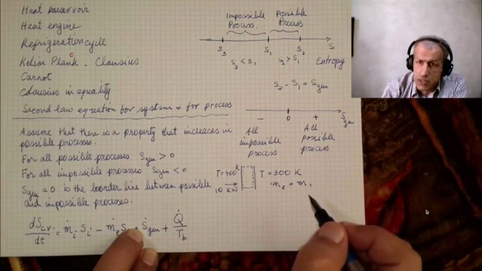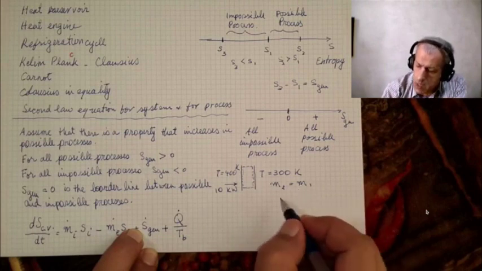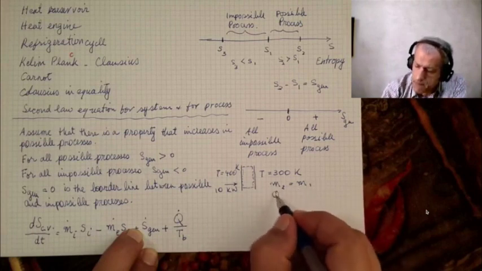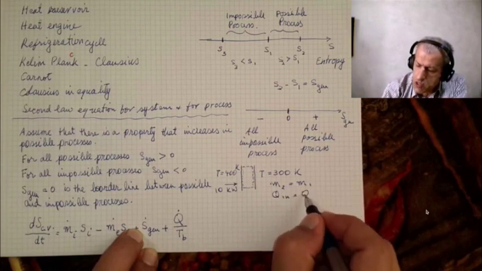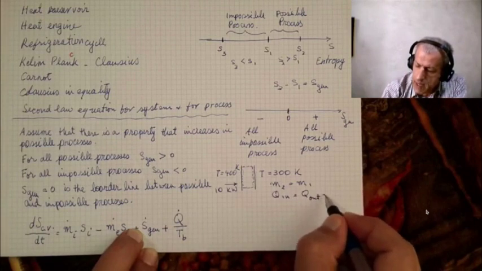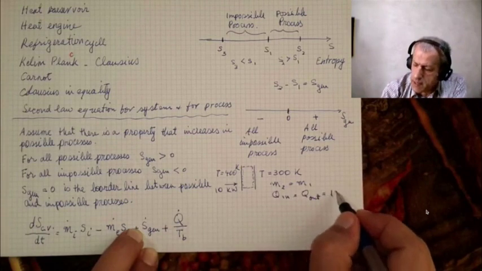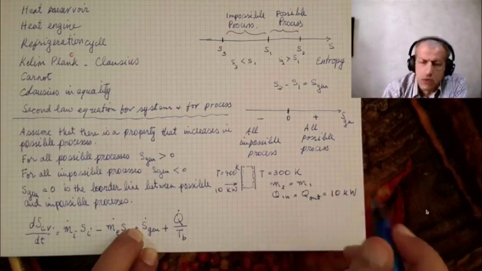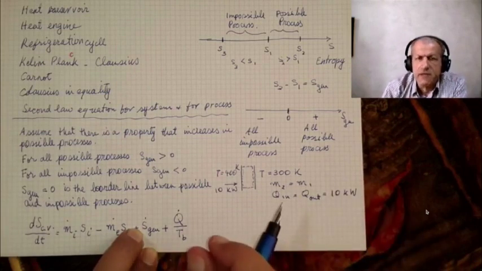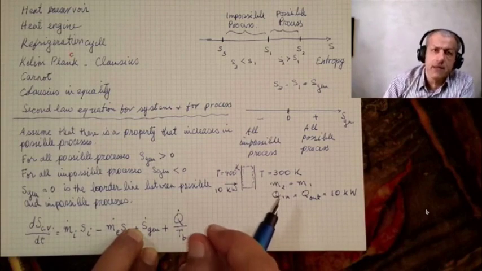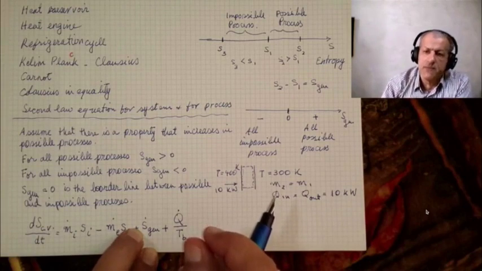And since there is no mass entering or exiting, and there is no work, Q in would equal Q out, and that would equal 10 kilowatts. So as far as the first law and the mass conservation law are concerned, things are very simple.